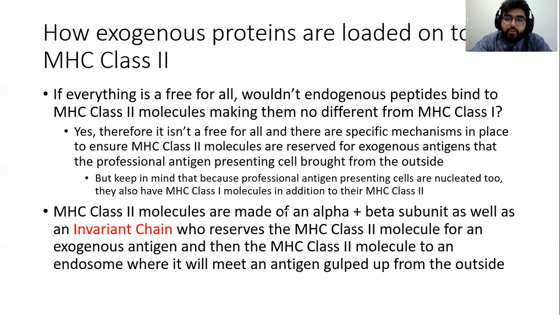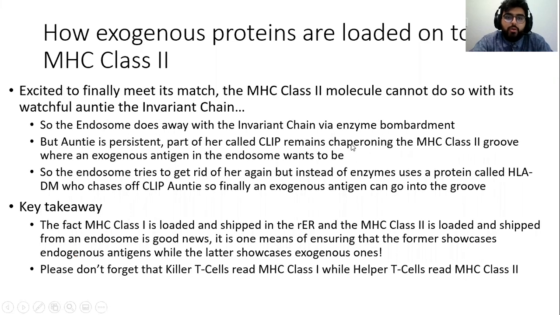How do you break off the invariant chain? Well, you have to bombard it with endosomal contents, right? So the endosomes, phagolysosome, lysosome, things of this nature, are filled with proteolytic and highly active enzymes that can destroy things, right?